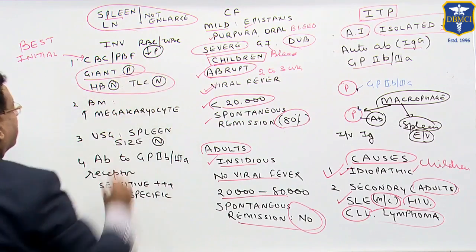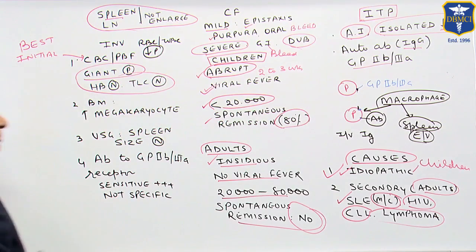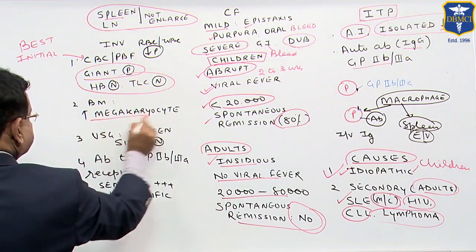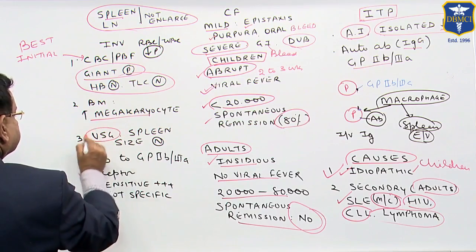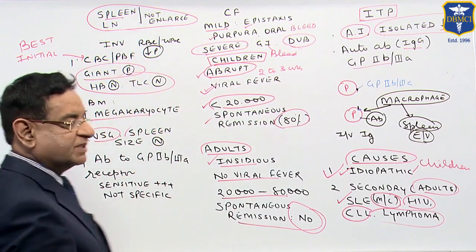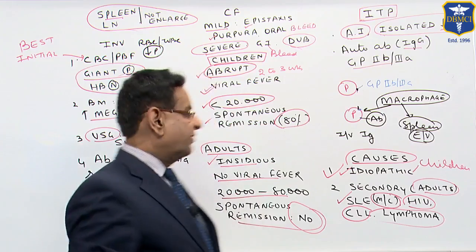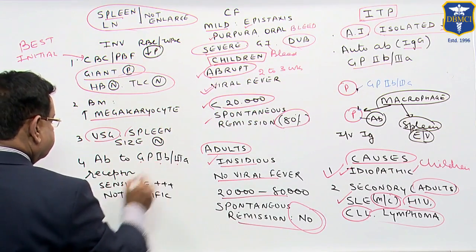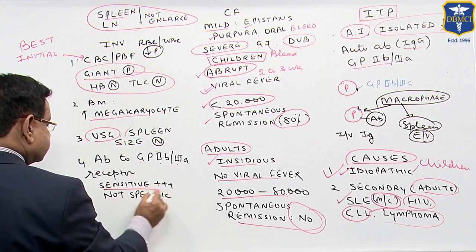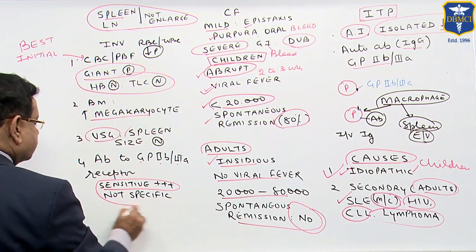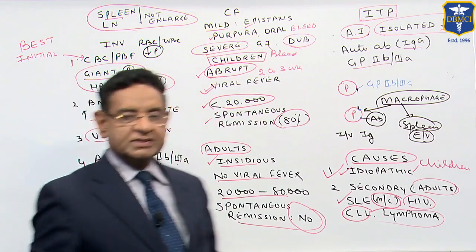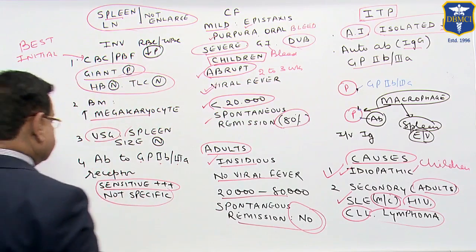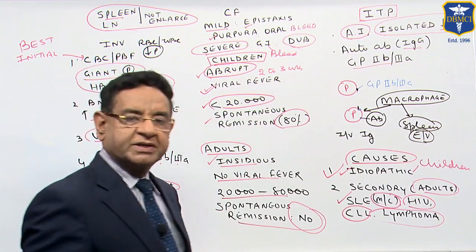HB and TLC are normal. If we do the bone marrow examination, increased megakaryocytes are seen. Ultrasound is done, and what we find is the spleen size is normal, splenomegaly is not a feature. Antibodies to the GP2B3A receptor, this is the most sensitive test, but it's not a very specific test. So you can say the most accurate test is to look for the antibodies to the GP2B3A receptors.